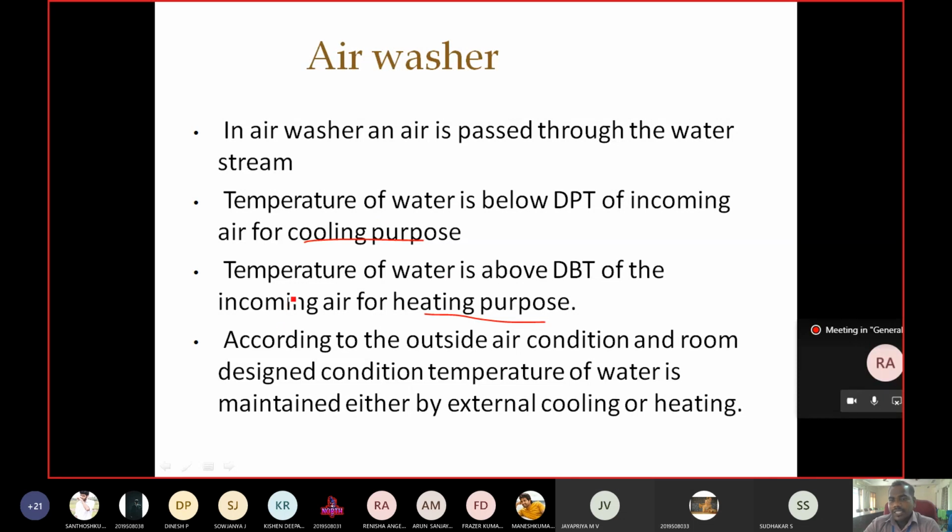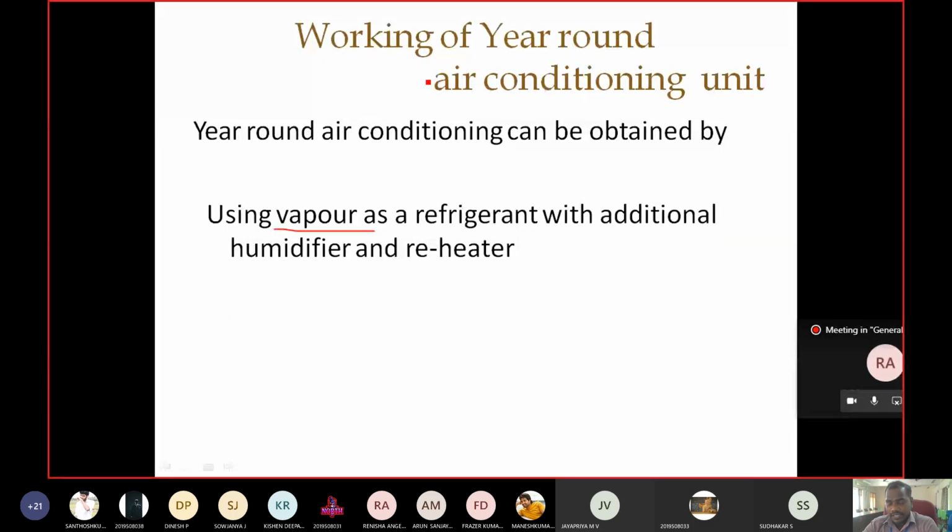If the temperature of the water is above the dew point temperature of the incoming air, we can use it for heating. According to the outside air condition and the room design condition, the temperature of water is maintained either by external cooling or heating. So we need both heating and cooling. Because of that, we can use the air washer as an air cooler or reheater.